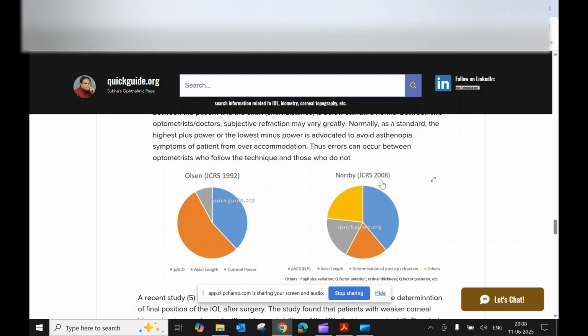But Steve Norrby, when he did the same study in 2008, remember, the time of optical biometry, found that it is not the axial length but the post-operative ELP which is the most important factor for the refractive surprise. They also found that a large part of the refractive surprise was because of the determination of post-op refraction, meaning that your optometrist may not have done a good job in understanding the post-op refraction of the patient.